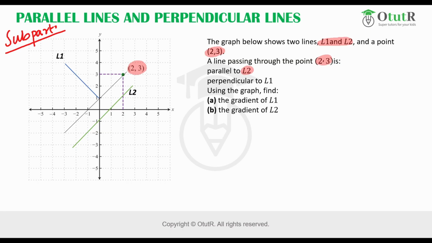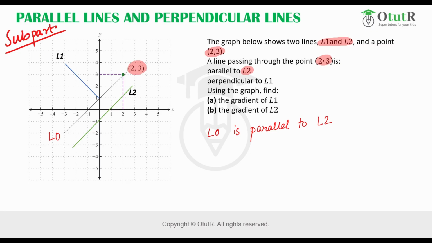Let me name the line that is passing through 2 comma 3 as L0. So we have named the black line as L0. Fine. So L0 and L2 are parallel. So L0 is parallel to L2.